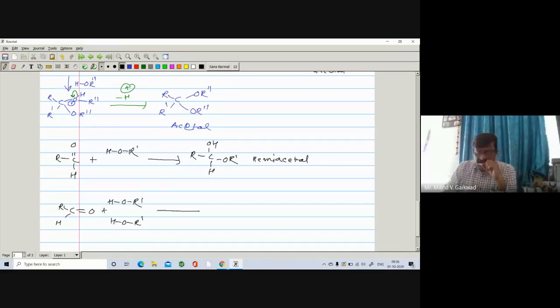We have just seen the mechanism. The reaction takes place in the presence of acid. So O from this and H from this, there is a removal of water, and you are getting the corresponding H, and here is OR dash and OR dash.